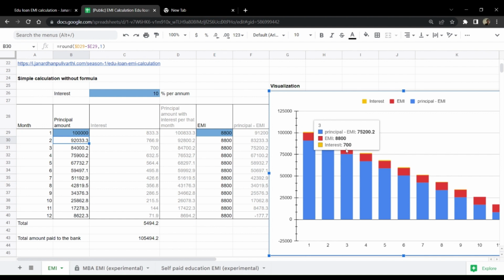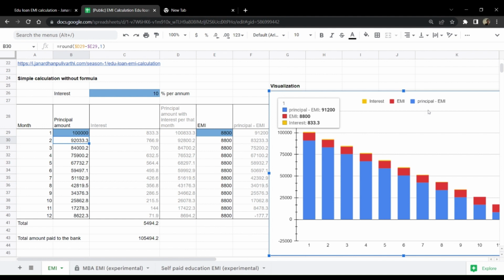Then we go for the next time, it would be here. We could see that we have this red block deduction every time, and the yellow is also getting smaller every time because the interest is getting smaller each time we pay.